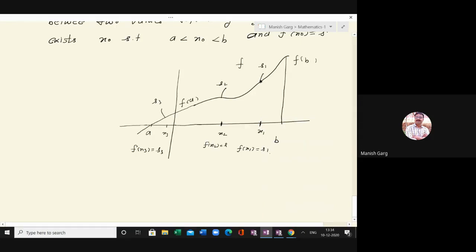If you take S2 here, there must exist a point x2 between a and b such that f(x2) is equal to S2. If you take S3, anywhere you take a point, you will always get a point on the x-axis between a and b such that the value of the function at that point will be equal to S. Like that, anywhere. Clear point? Who was asking the question? Clear or not? Yes, sir, clear. Any other doubt?